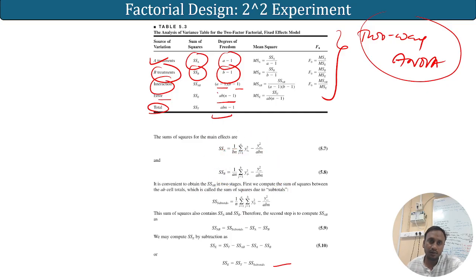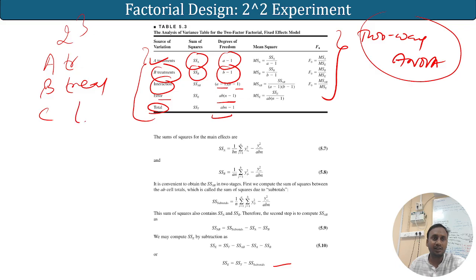So in a factorial design also we have this ANOVA table, because we are taking all possible cases. Let's say this is the case of a two factorial design. If it comes as 2 by 3, we have A treatment, B treatment, C treatment. Then we'll go with AB, BC, CA, ABC.